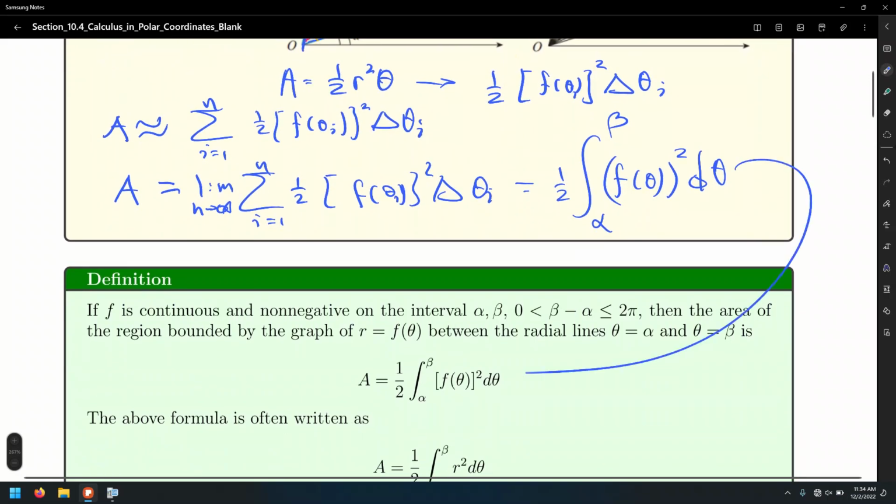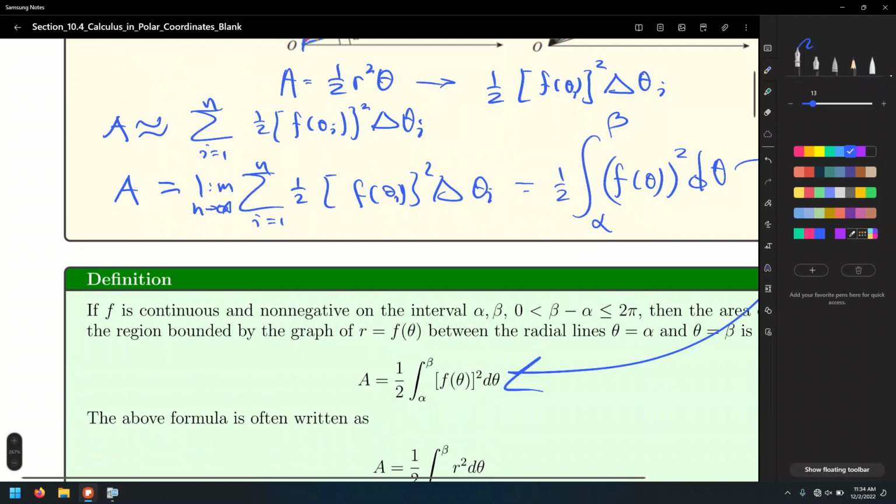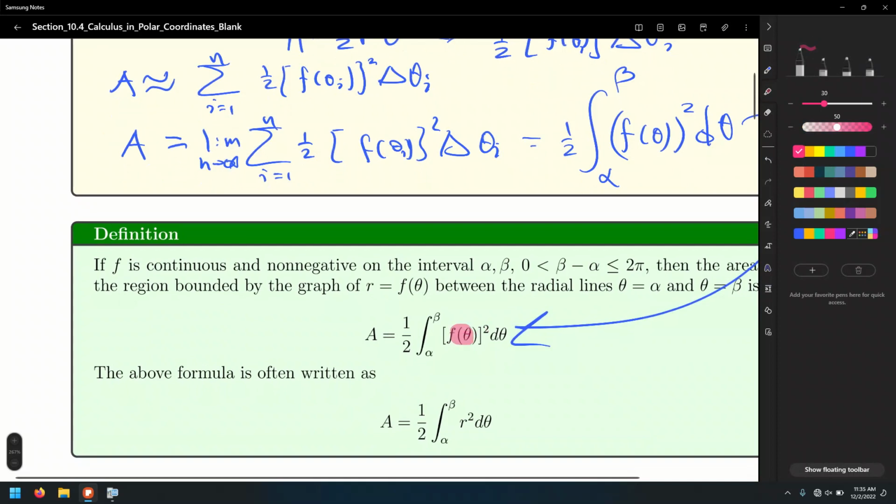And that's the formula here. And again, to make the notation more compact, you can turn this f of theta into a function r, because r is a function of theta, just the same as y equals f of x. In this case, r is f of theta.